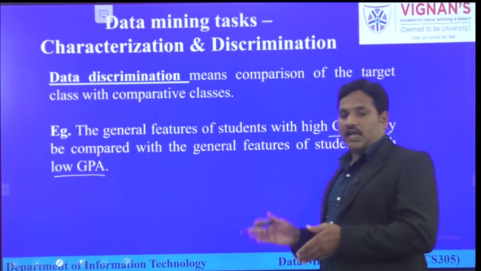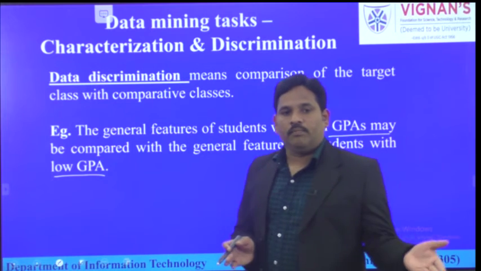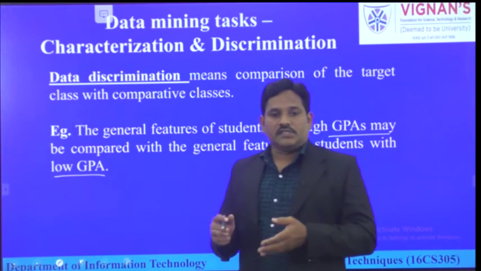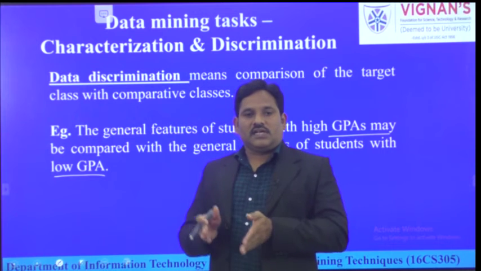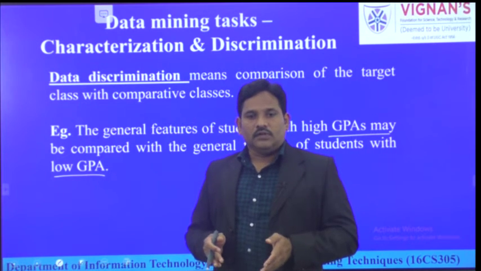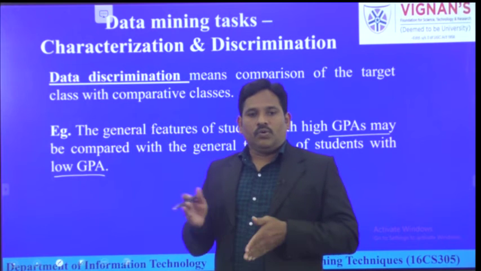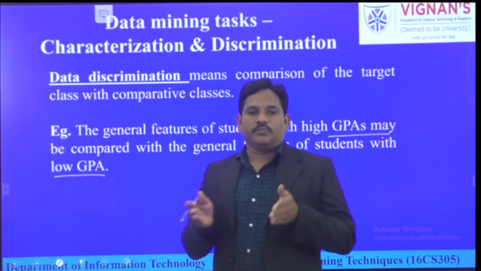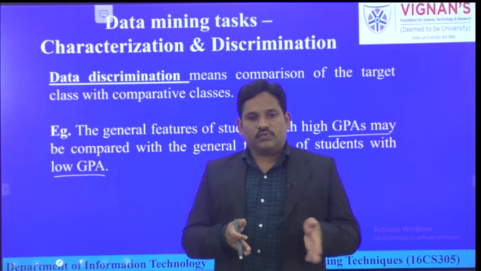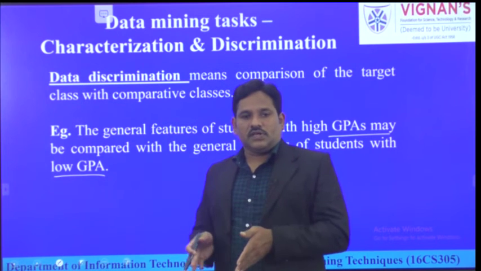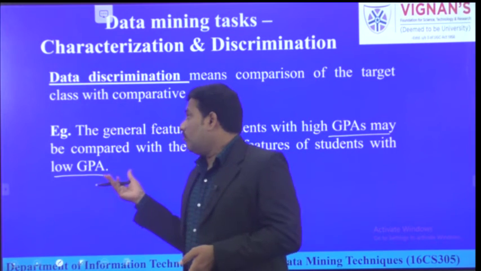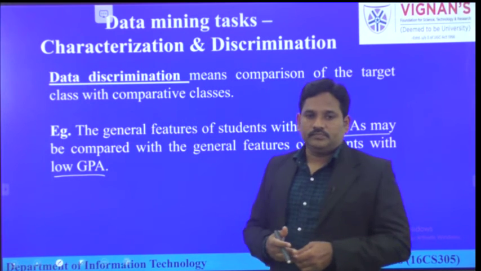So when we compare a target value with a comparative class, it is called data discrimination. Let us take last year's sales information and current year's sales information. We compare the difference, how much profit has been gained or whether it resulted in a loss, for a company. This is the way of discrimination.